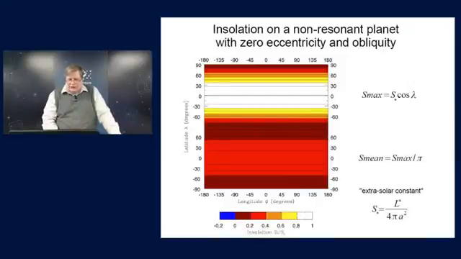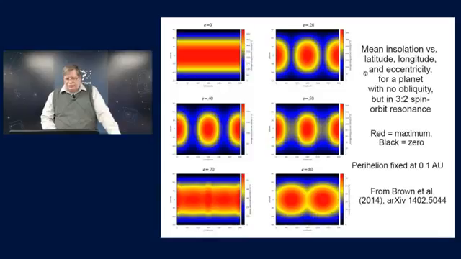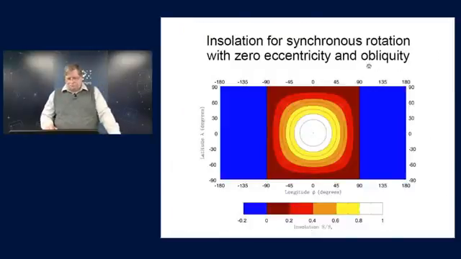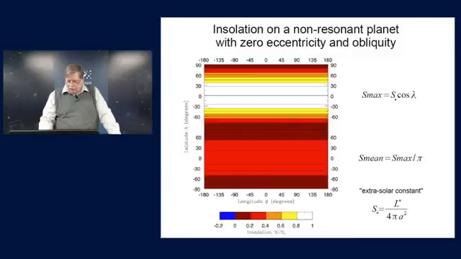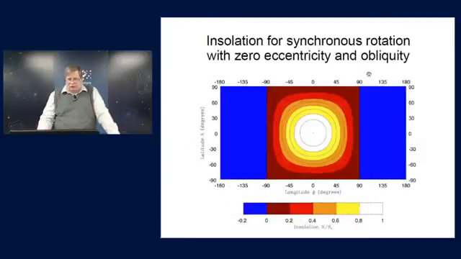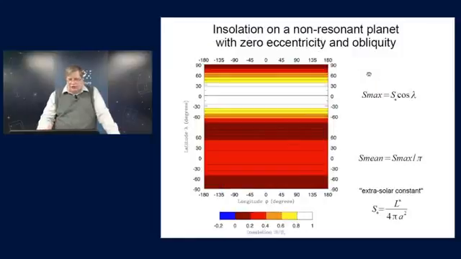So I've drawn this kind of map of the insolation across the planet as a function of latitude and longitude. Okay, and I've shown the maximum insolation across the surface and its mean over time.